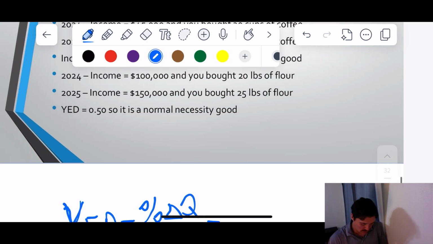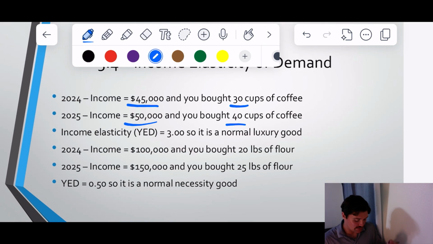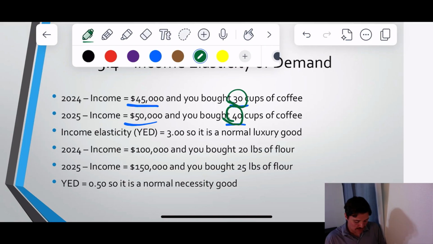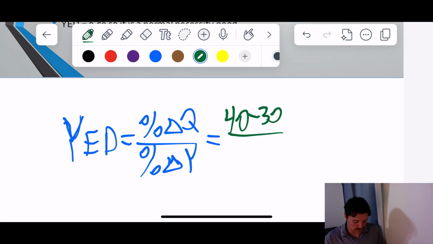In terms of what happened here, 2024 is your old, 2025 is the new. So what goes on top? Quantity. We need the new quantity minus the old, so we'll do 40 minus 30 divided by old. New minus old divided by old.